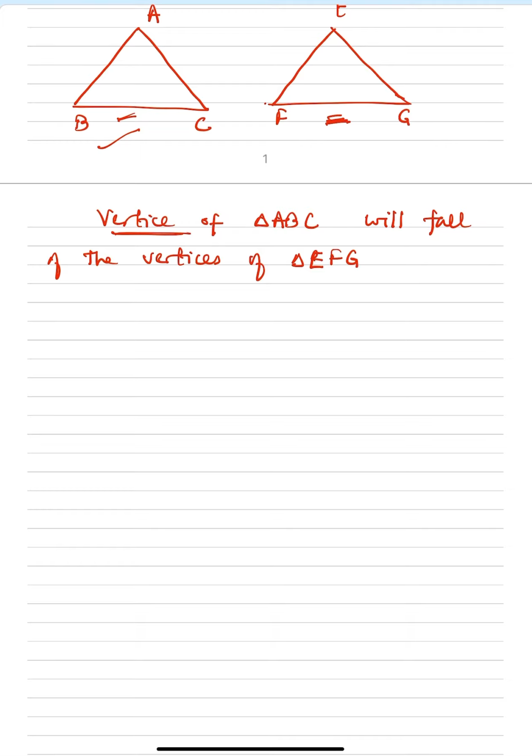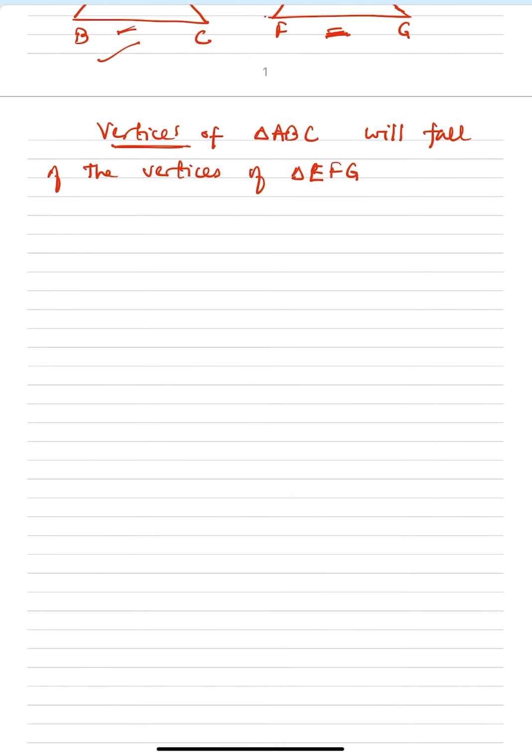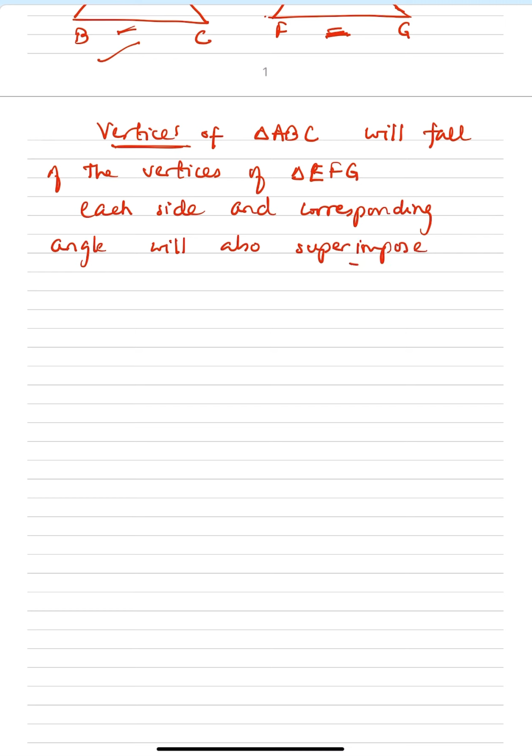If the vertices fall equally, then we can say that each side and the corresponding angle will also superimpose. What is the meaning of this?